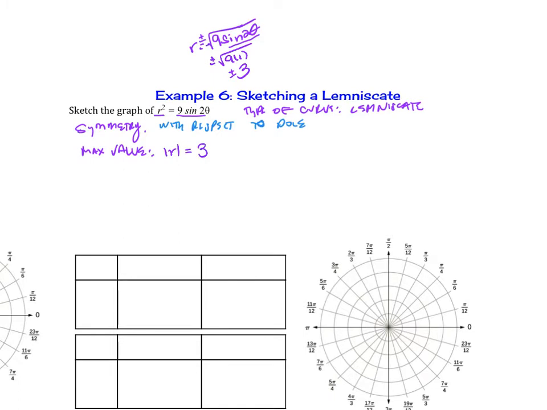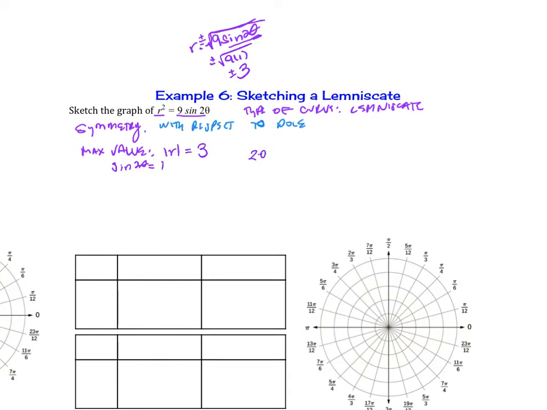Because this is a square root, you have to be careful, and so we can only choose the values that are going to be positive in there. Just keep in mind that we can't take the square root of a negative number, so be mindful of the values that you're choosing. So let's find out when sine of 2 theta equals 1.